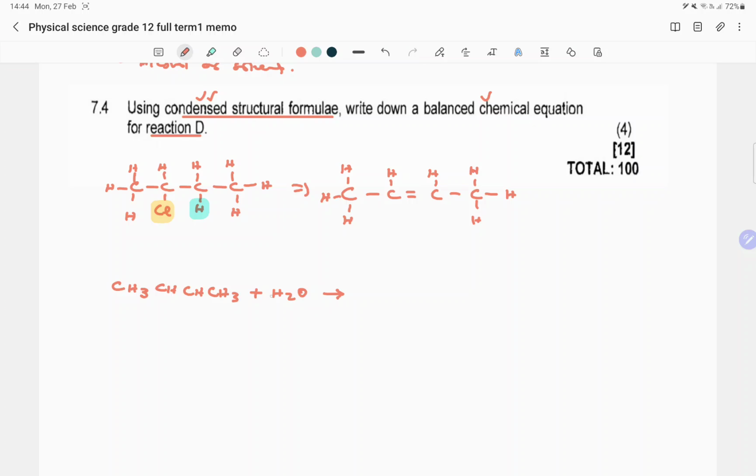Now when we add water in here, so if we're going to say here plus the water molecule, of course we're going to think of the water molecule as a hydrogen, as something like that. Okay, now the issue is, you're going to look at it like that.